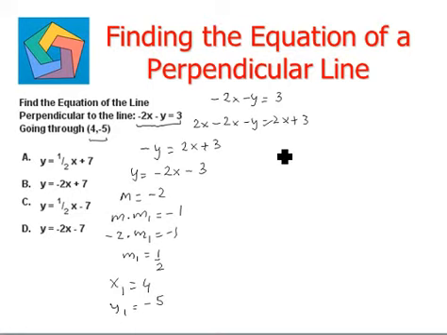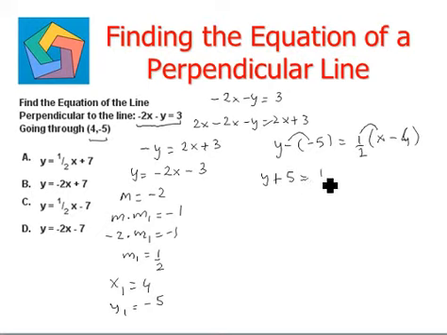Now we're using the point slope form, that is y minus y1 equals m1 times x minus x1. A negative and a negative is a positive, so y plus 5 equals, applying the distributive law, half of x minus half of 4.